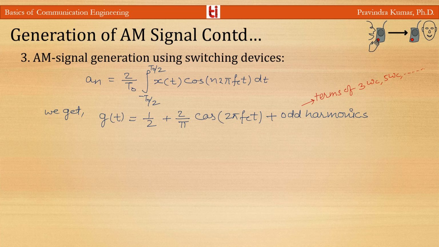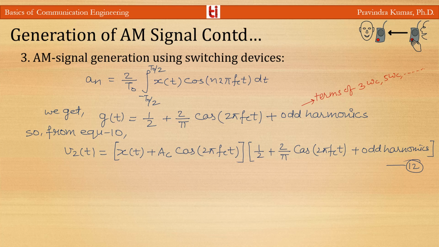So from the previous equation we have V2(t) = [x(t) + Ac cos 2 pi fc t] into [1/2 + 2/pi cos 2 pi fc t plus odd harmonics].